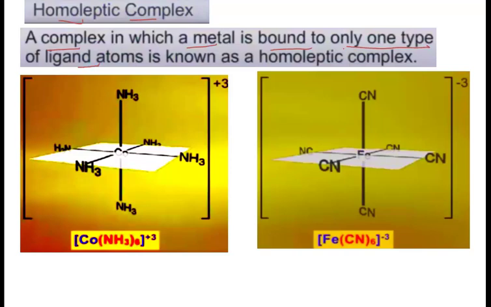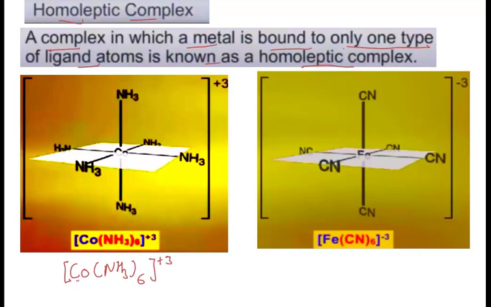When the metal atom is bound to only one type of ligand atom, this is known as a homoleptic complex, right? You can see [Co(NH3)6]3+. The species given is Co and NH3, 6 times, and it's +3.